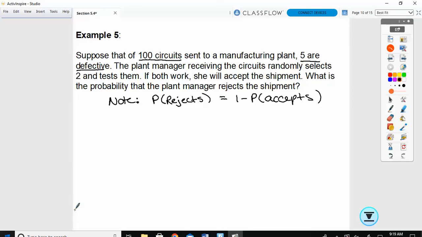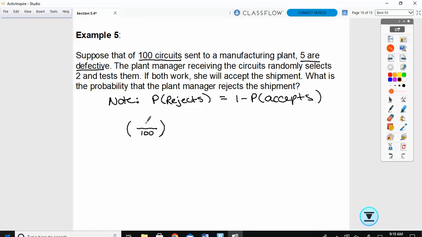In order to accept it, both of these have to work, right? So the only way she accepts is if the first one works and the second one works. What's the probability the first one works? So how many circuits do we have? 100.